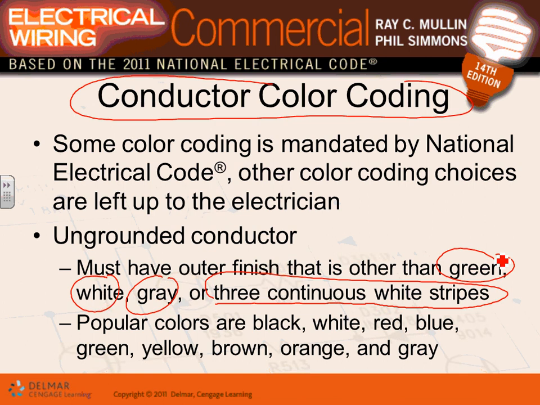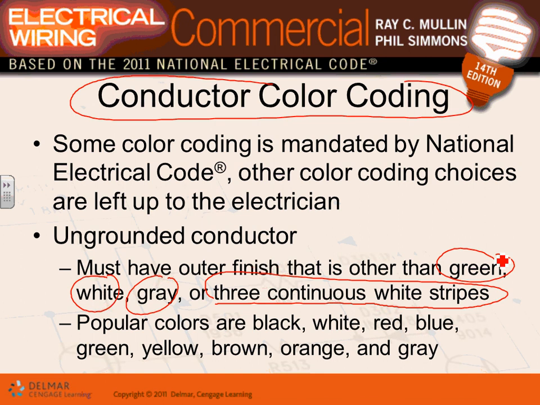Number one, for the equipment grounding conductor, guys, you have to use green, so that's your green or bare conductor. White and gray and three continuous white stripes on other than green are the grounded conductor, the neutral.